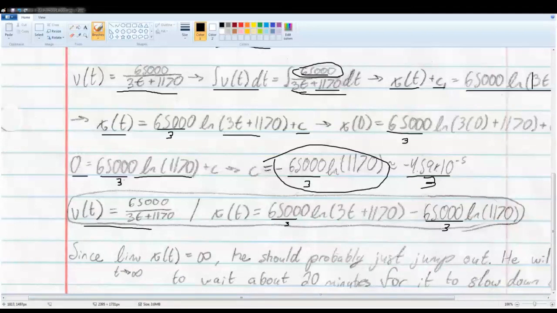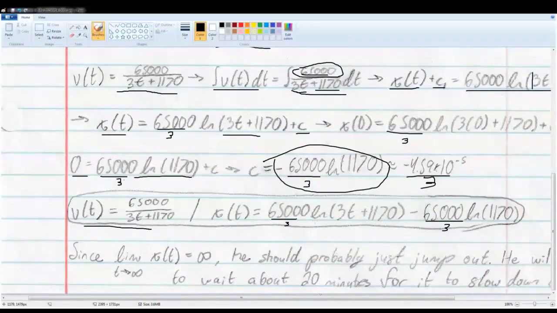Now, the question also asks, when will the car be at rest? So we can use a little funky math to get that answer. If you look at the velocity, we have essentially 1 over x. Not x as in position, but just x as a variable. So the limit of that as it goes to infinity is 0.